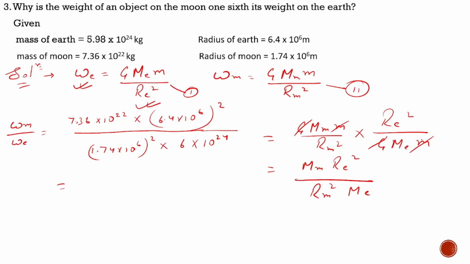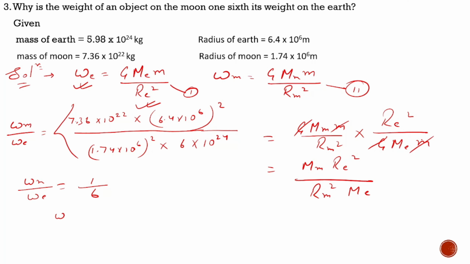Okay, on solving we will get this number as 1 by 6. So the weight at the surface of the moon divided by the weight at the surface of the earth will be equal to 1 by 6.